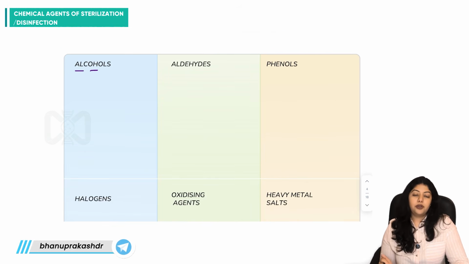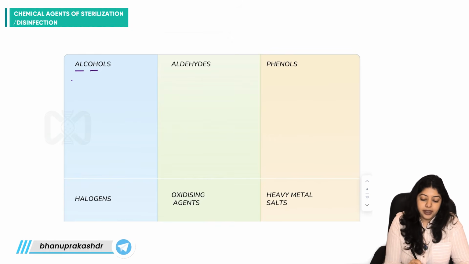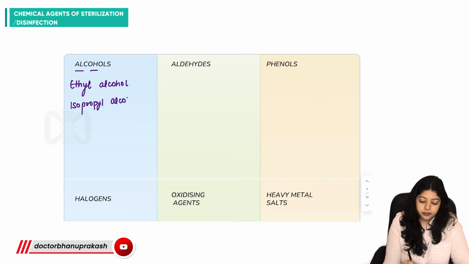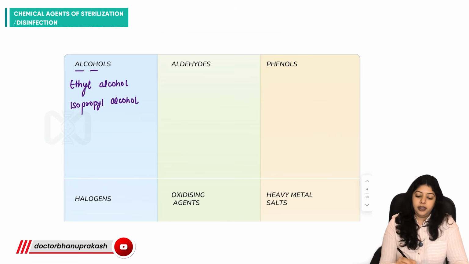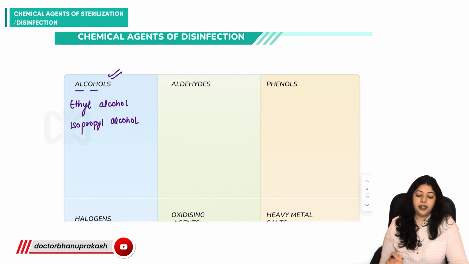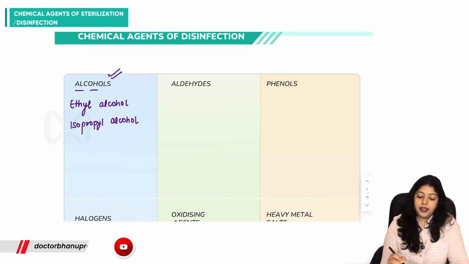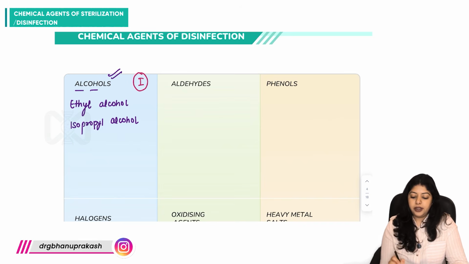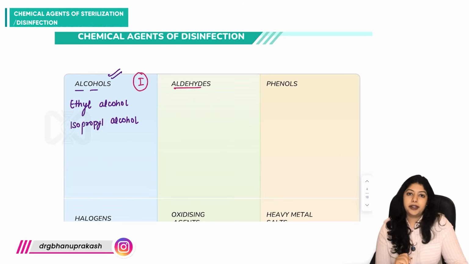So when we talk about alcohols, we have 2 categories: ethyl alcohol and isopropyl alcohol. Alcohols are classified under intermediate level disinfectants, right? And then we have the next category, which includes the aldehydes.